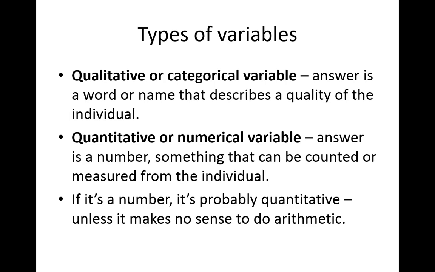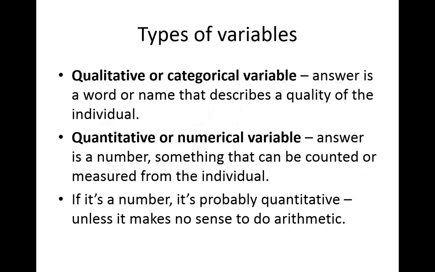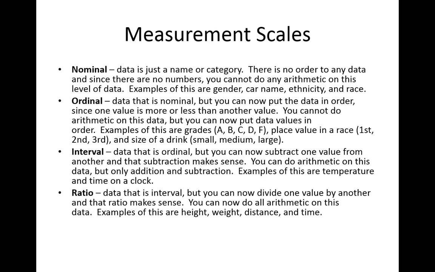So just like we saw qualitative data split off into nominal and ordinal, we can see quantitative data being split off into interval and ratio. So interval data is data that is ordinal, but you can now subtract one value from another, and that subtraction makes sense.